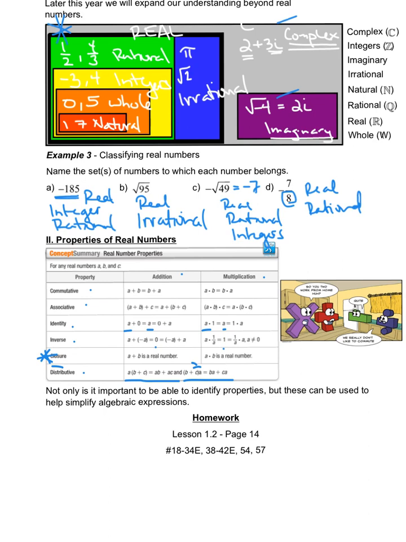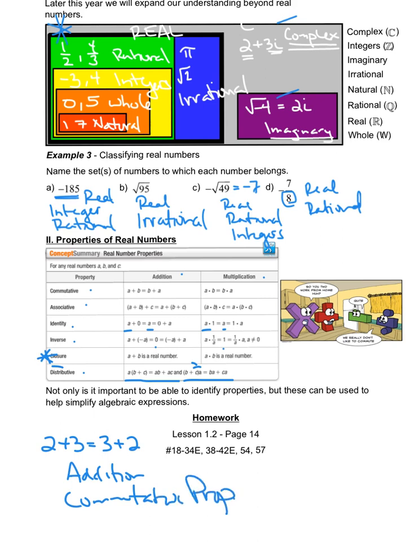So to give you an example, it might be something like 2 plus 3 equals 3 plus 2. And then the question is identify the property. So you'd be like, oh my gosh, that is the addition commutative property. My writing is absolutely horrible right now on this iPad.